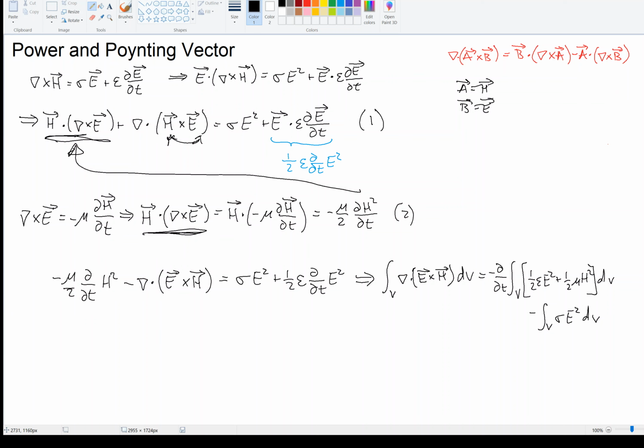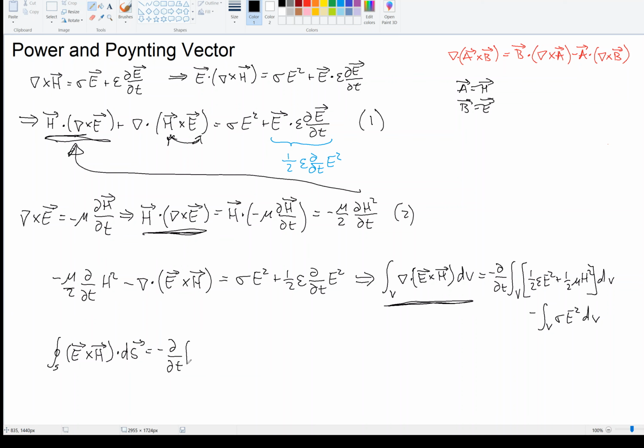Now, keeping with the slick mathematics, I can apply the divergence theorem to this term here. The divergence theorem relates a volume integral to a closed surface integral. So let me do that. So I've got a closed surface now defined by the volume of E cross H, there it is again, dotted with dS, is equal to, and then everything else stays the same.